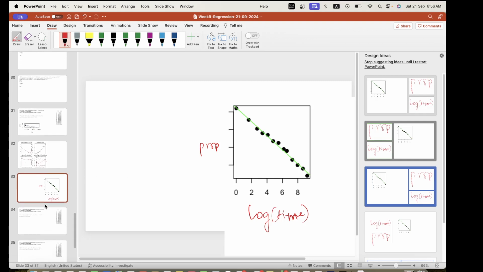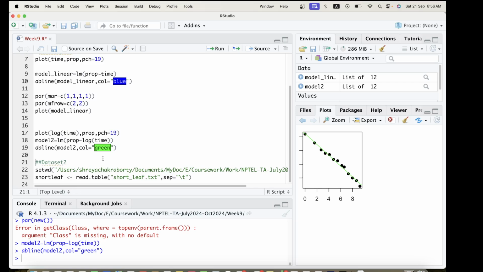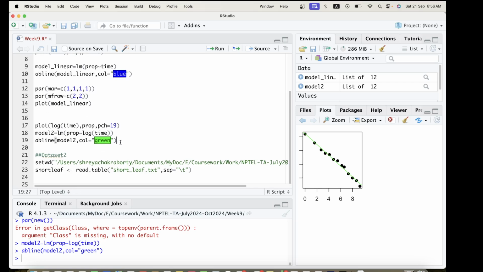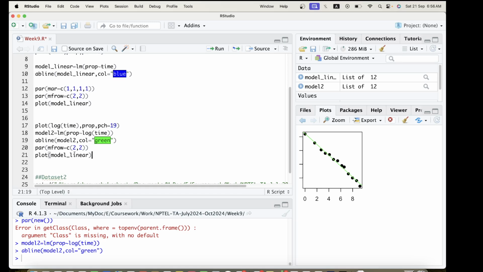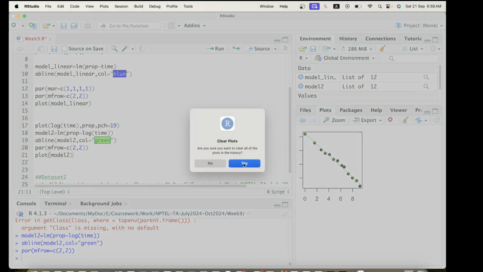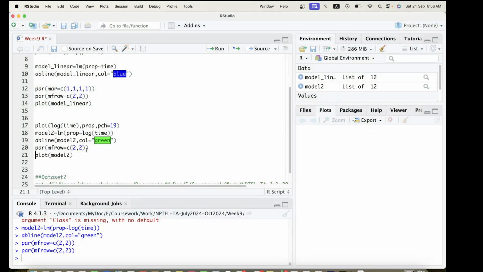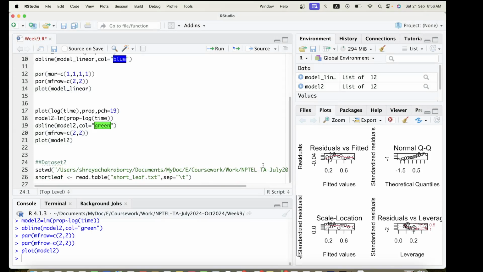Now, if we want to plot the residual plot, I am going to give plot model 2. I'll clear this, then fit these together.